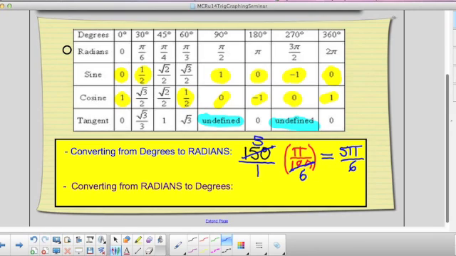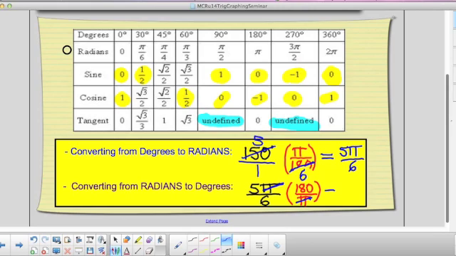If I wanted to do the opposite, taking 5 pi over 6 and figuring out how much that is in degrees, you can just do 5 times 180 divided by 6, and that will give you your answer. Basically, you're multiplying by 180 divided by pi, the reciprocal, because the pi's cancel out.